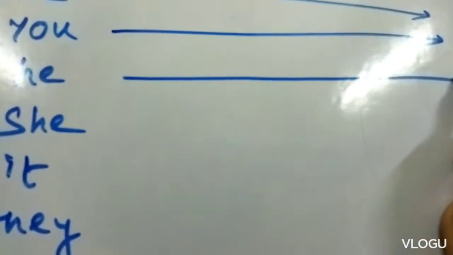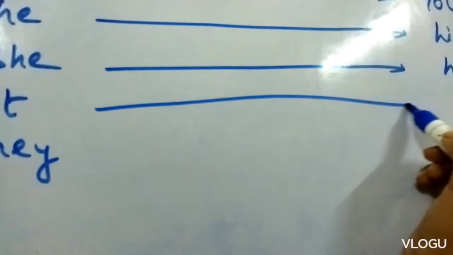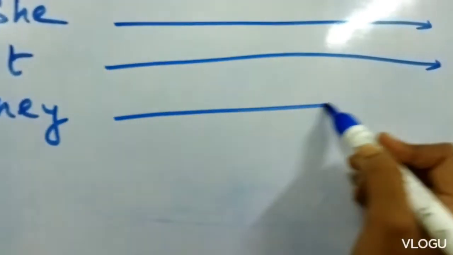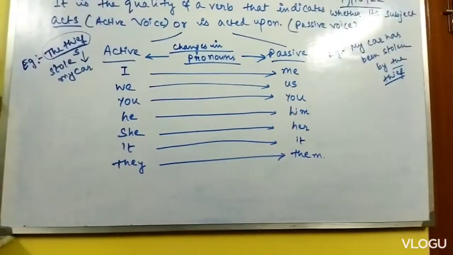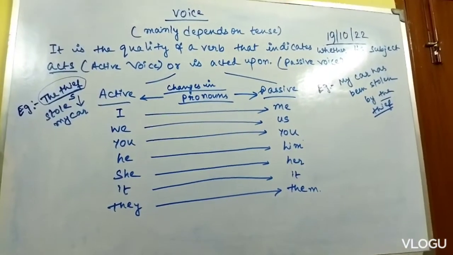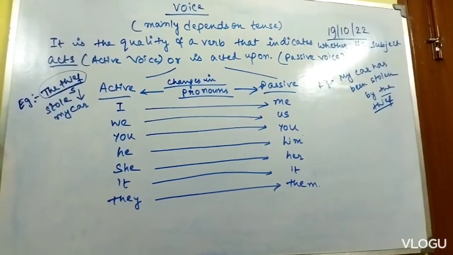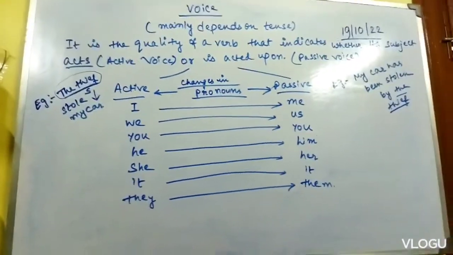He becomes him. She becomes her. It remains as it. They becomes them. First of all, we need to know these changes in pronoun. Otherwise, we will not be able to change the sentences from active to passive or from passive to active.